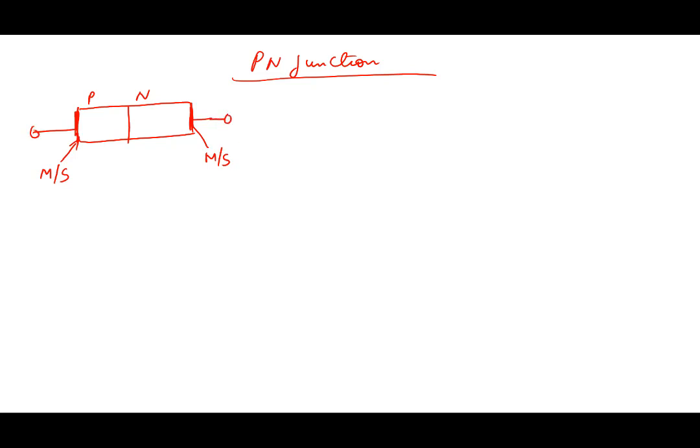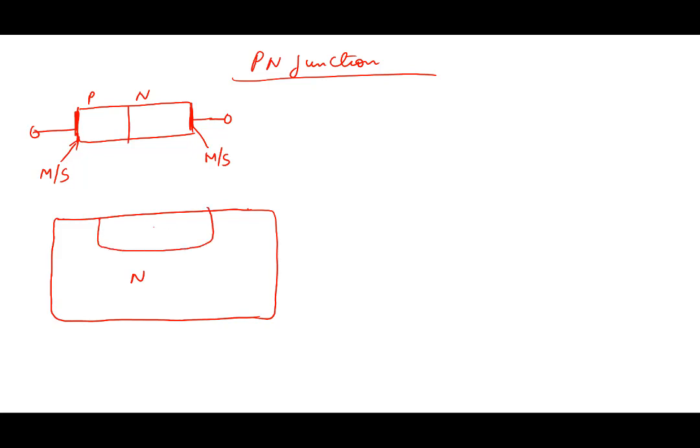Although we draw a p-n junction like this, as you know from your previous exposure, it's not exactly like this. It's not a bar like this. Please recall, if I take a cross section, let's say I have an n-type semiconductor, and we make a higher doping p-type here, and at the bottom we have n plus.